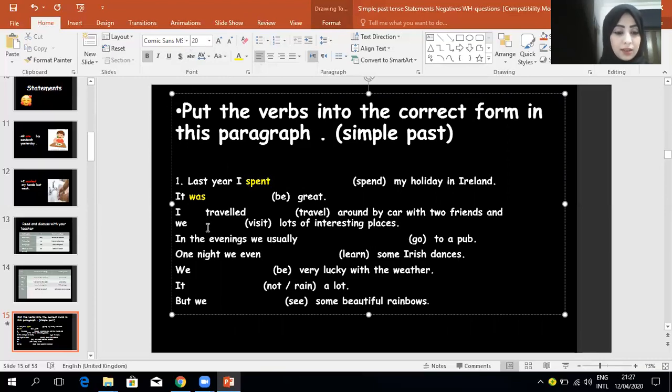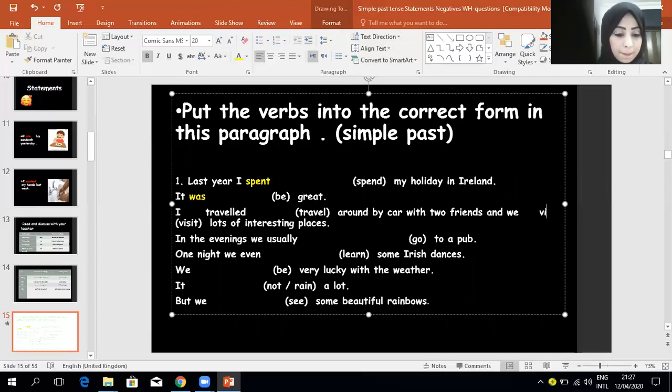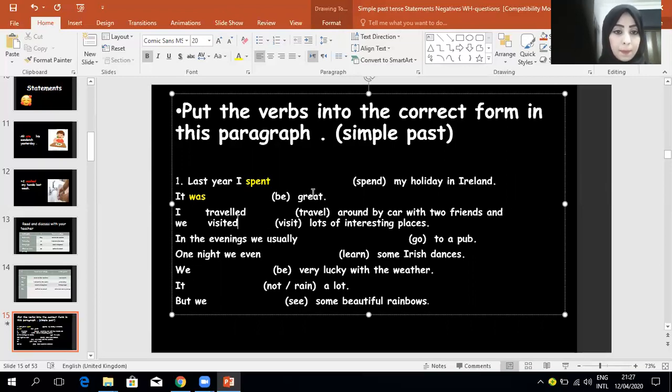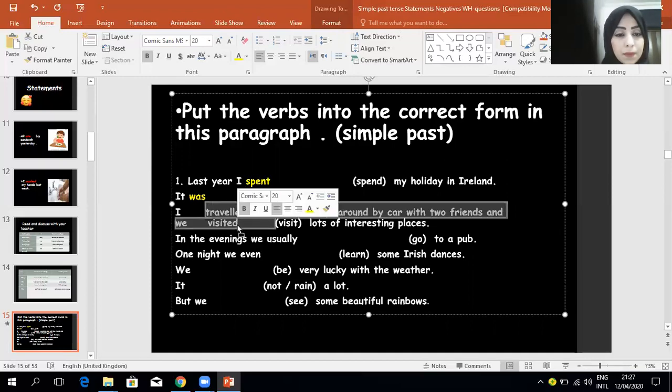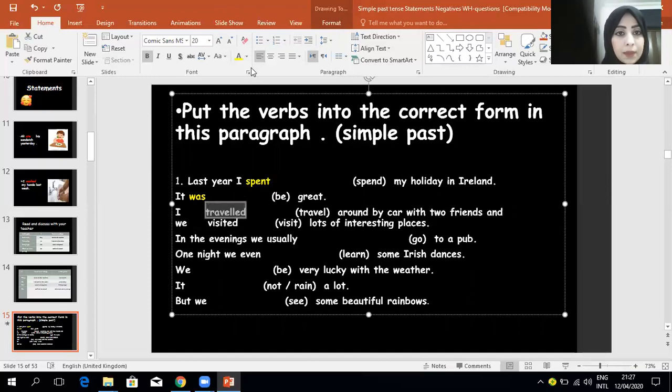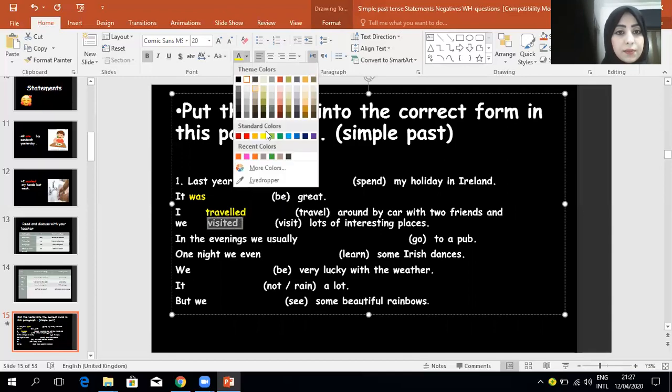We visited. Visit is a regular verb. Travel is a regular verb. So here traveled and here visited.